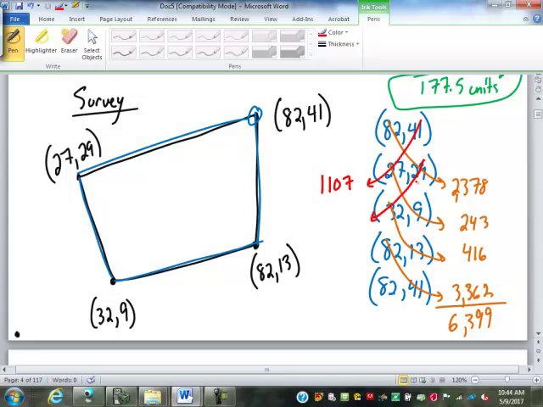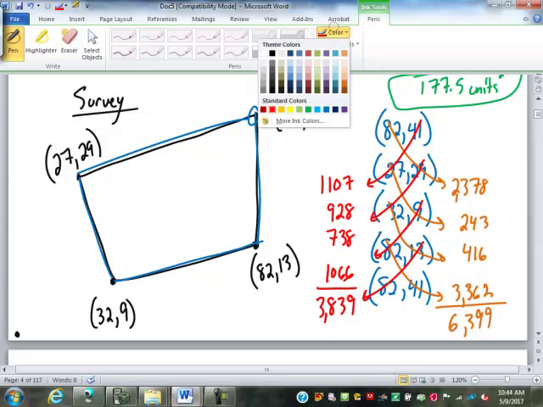And then 29 times 32, which is, what's that? And then 9 times 82, which is 738. And then 13 times 82, which is 1066. And then 3839.